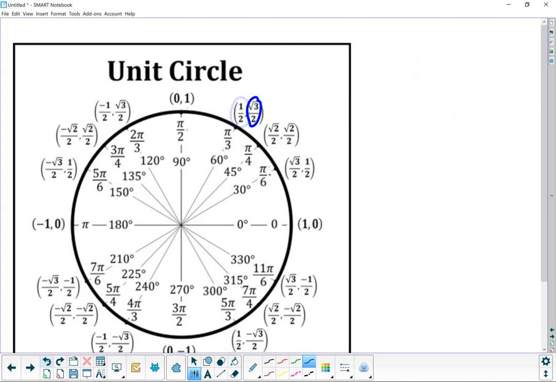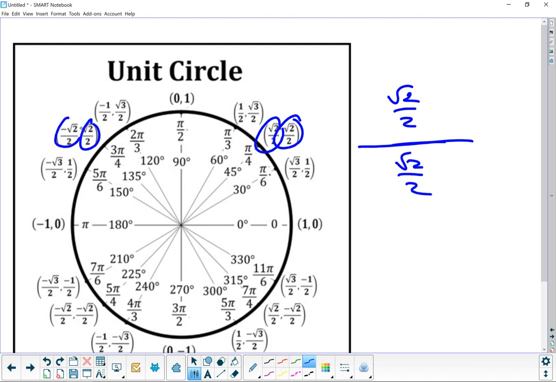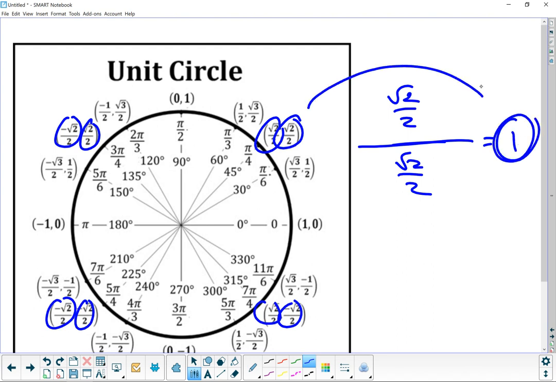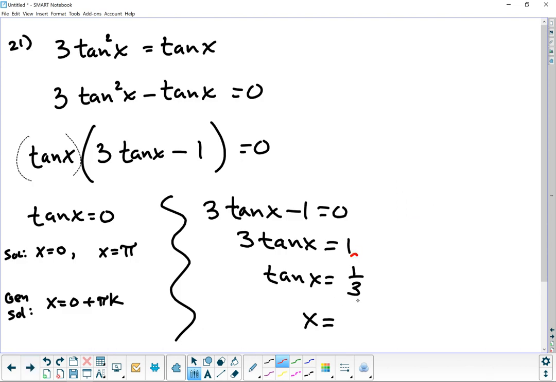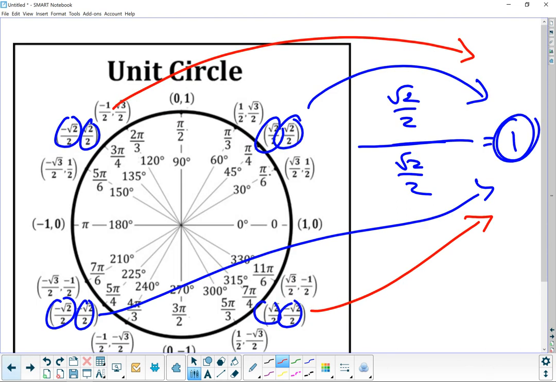And in the middle, radical 2 over 2 divided by radical 2 over 2, all the middles are going to give you the same thing, something that has to do with 1. So this one will give you 1, this one will give you 1, this one will give you -1, and this one will give you -1, but they're not going to give you 1/3. So we actually don't have any solution for that.